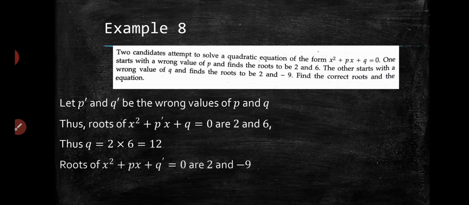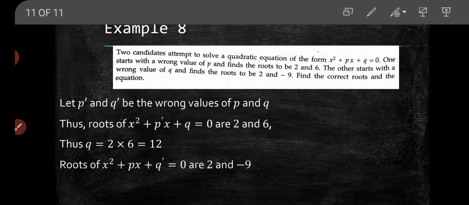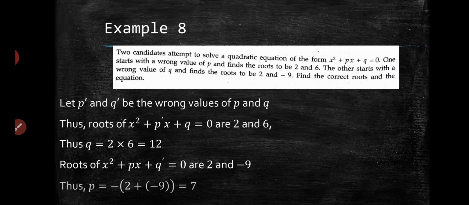And in the second case, the value of q is wrong, but the value of p is correct, and the roots were 2 and minus 9. So from here I can say that the value of p is minus of (2 plus minus 9), because p is basically the negative of the sum of the roots. So p is 7.